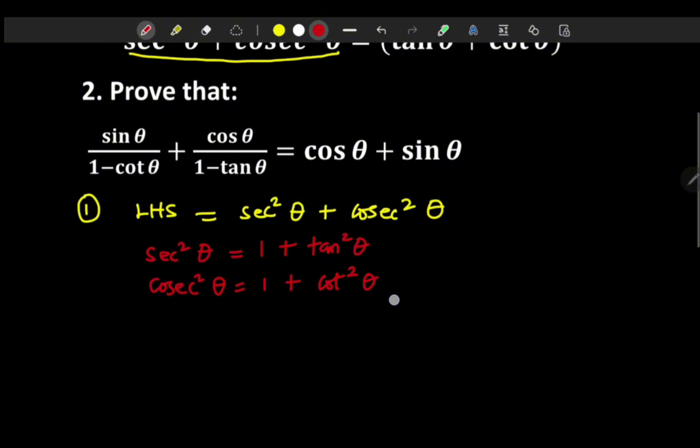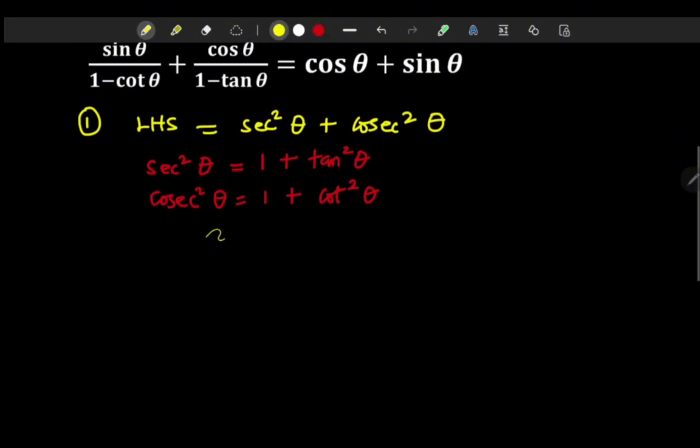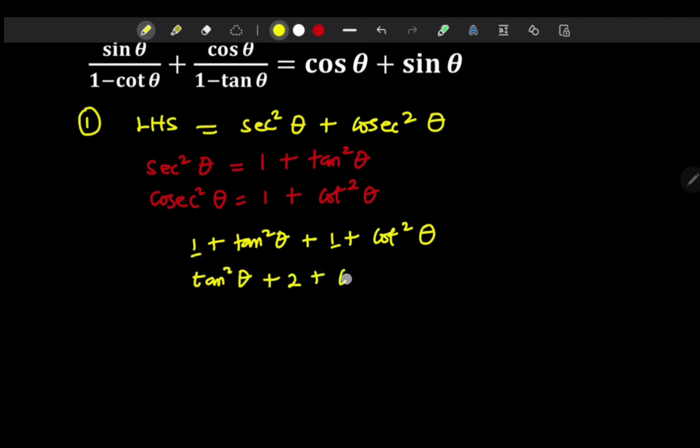So we can rewrite the left hand side as 1 plus tan squared theta plus 1 plus cot squared theta. So we can have here tan squared theta plus 2, that's 1 plus 1, plus cot squared theta. So this is the left hand side.